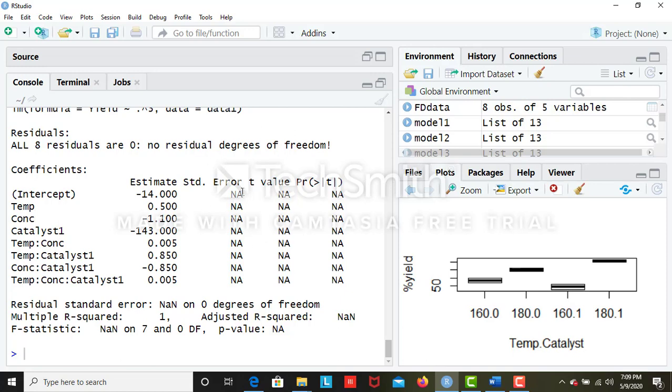This is because actually we don't have any replicates in the data, so we have no way of assessing the significance of any of the coefficients of this full model with all interactions. So what we could do here, we could actually model this with some but not all of the interactions present. So we cannot consider the three-factor interaction because we don't have any replicates in our data set. So we're only going to consider the two-factor interactions.